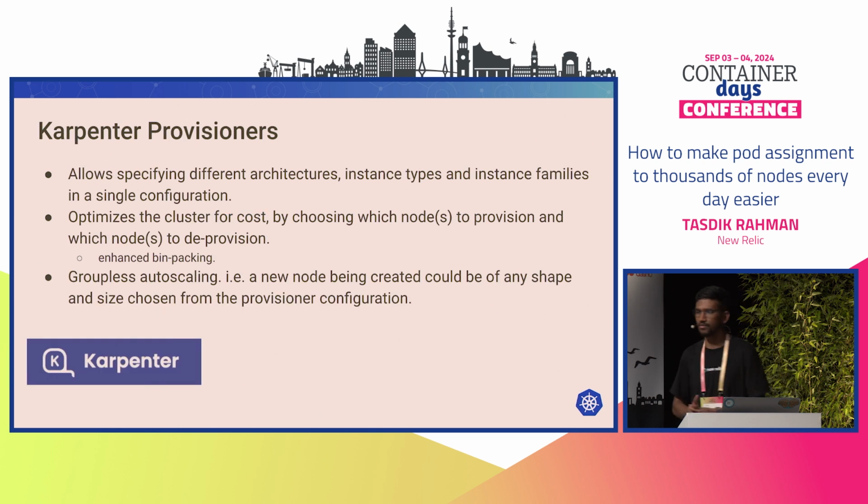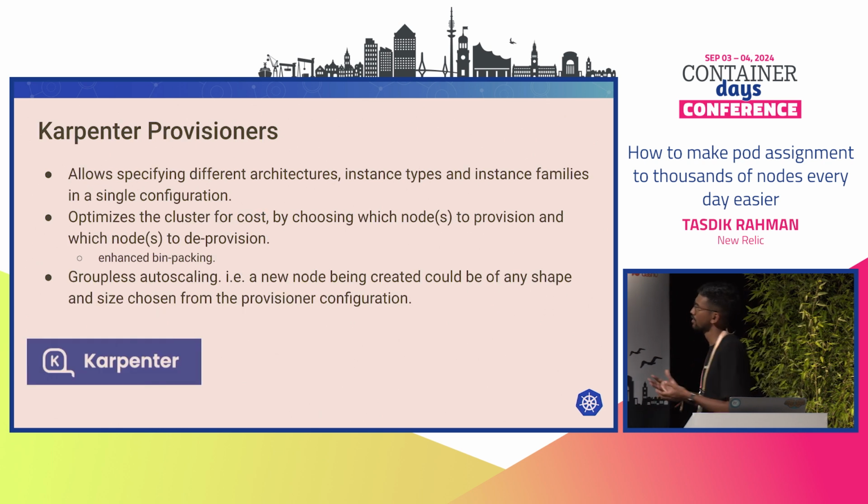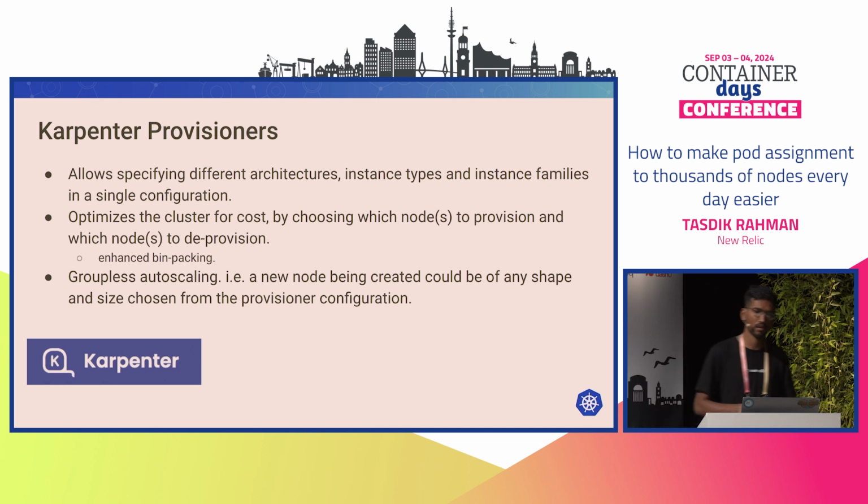Another compute provider which we use extensively is Karpenter, and let's talk a little bit about Karpenter provisioners. Quick show of hands maybe, who have used Karpenter before or have heard of it? We see a couple of hands. So just a quick brief, the advantage that Karpenter provides is that it allows specifying different architectures, instance types, and instance families in just a simple configuration, right?